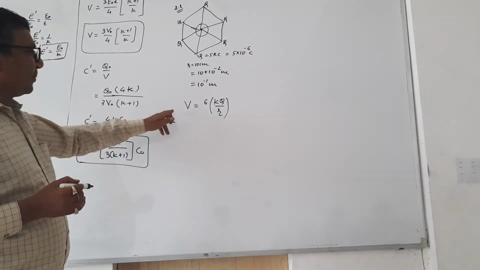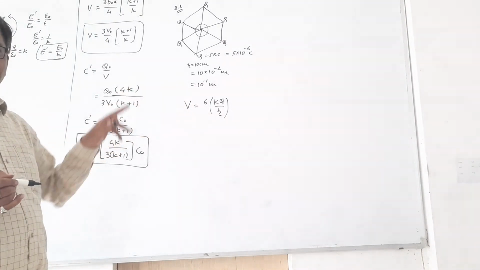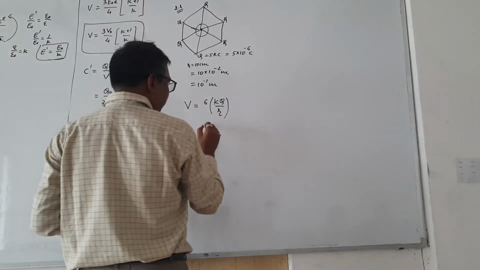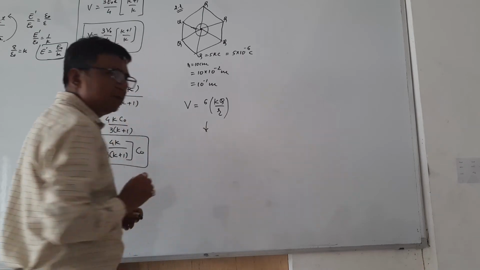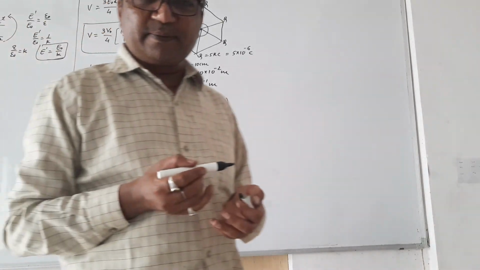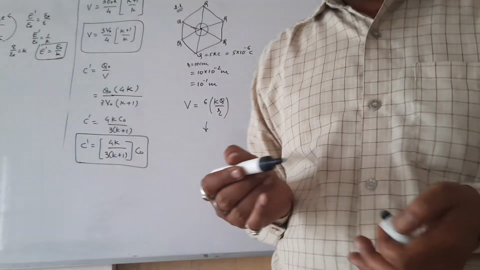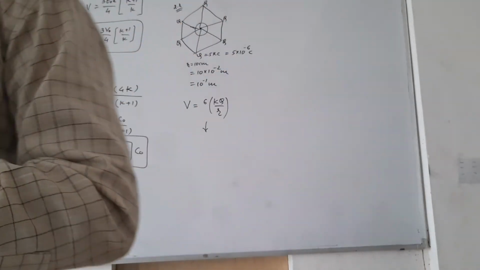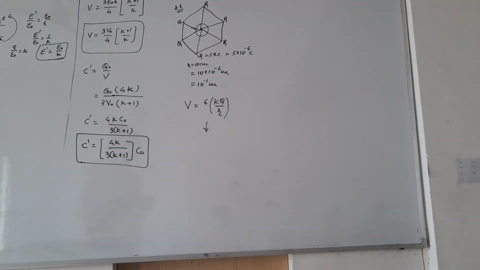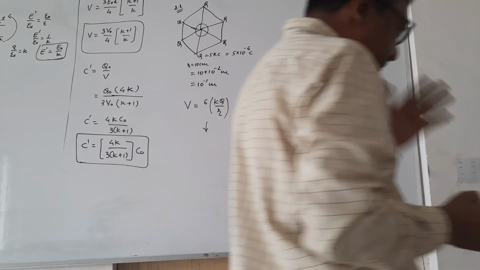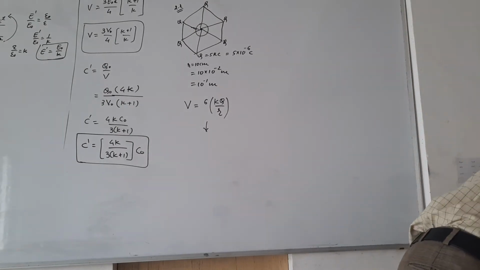For each charge, the formula is KQ upon R. So you have to only apply the values. You can calculate yourself. Okay, students, please try yourself. You will do it, you can do it, you must do it.